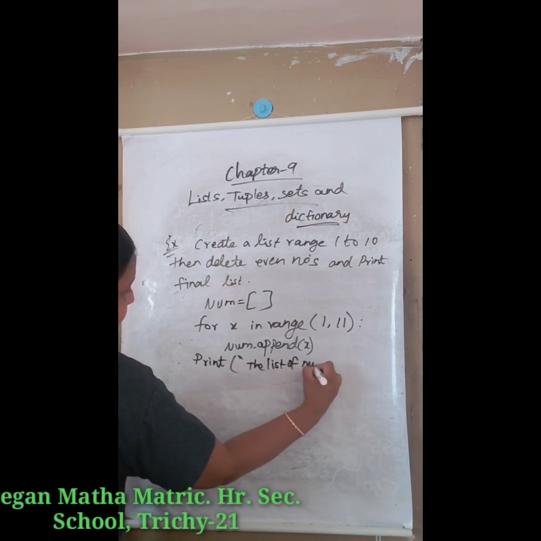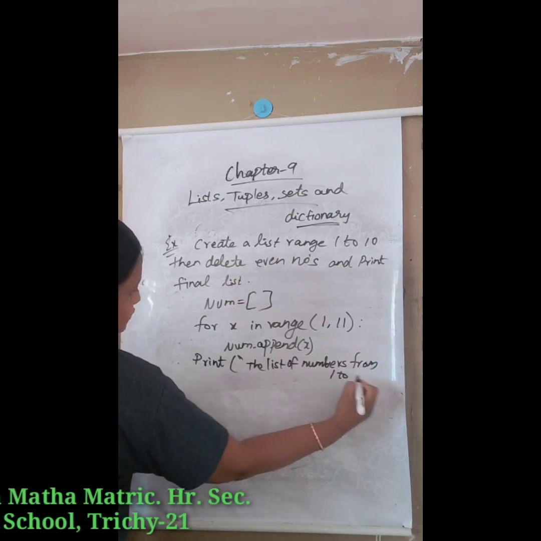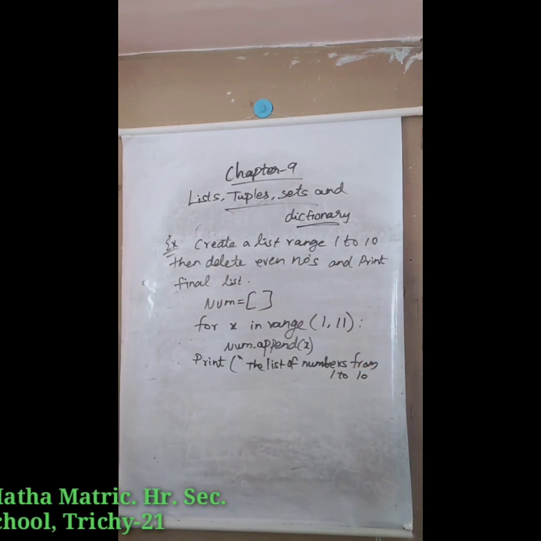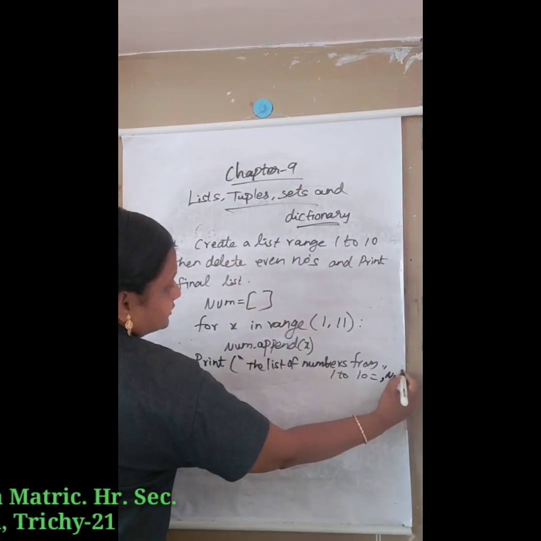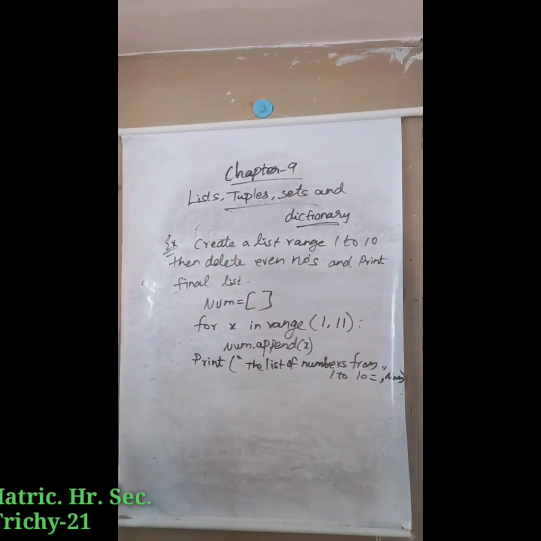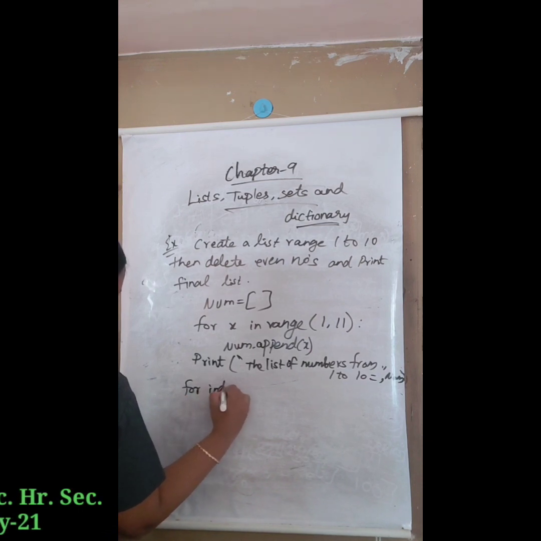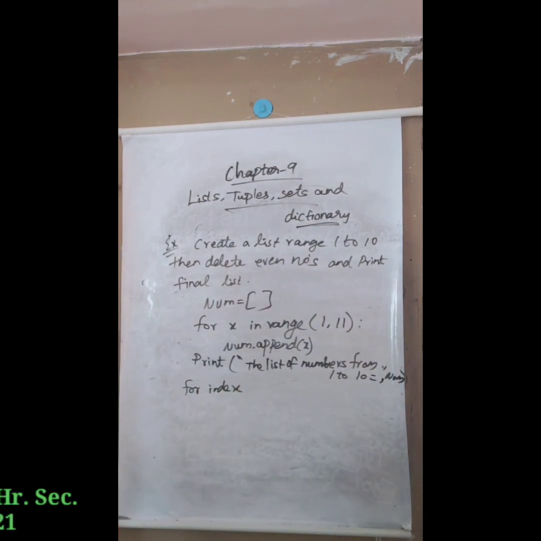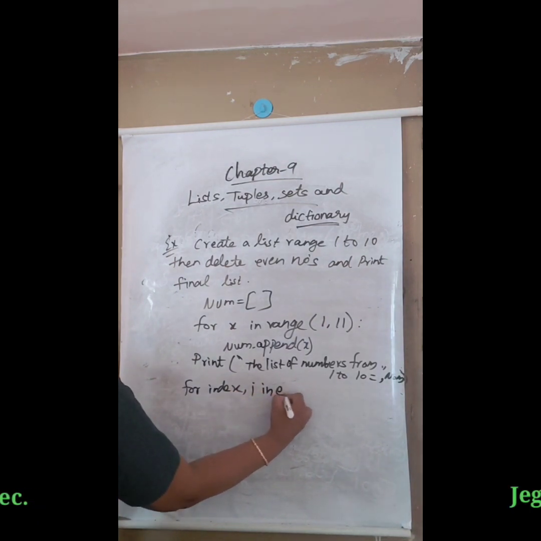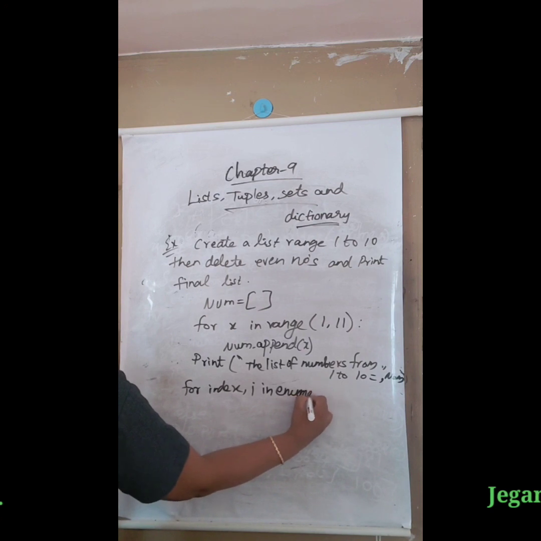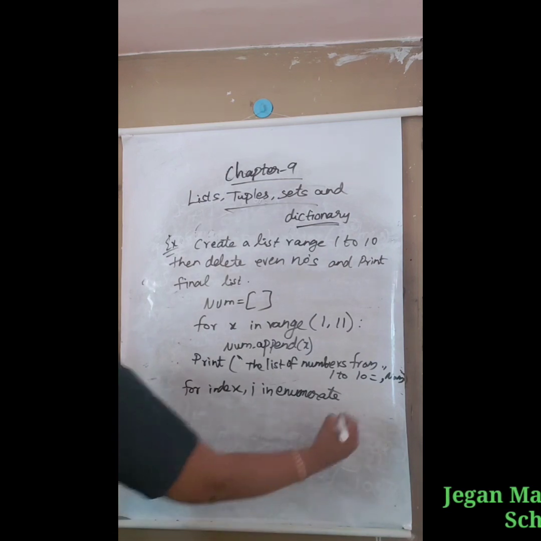Print num. Then we use for index, i in enumerate num.